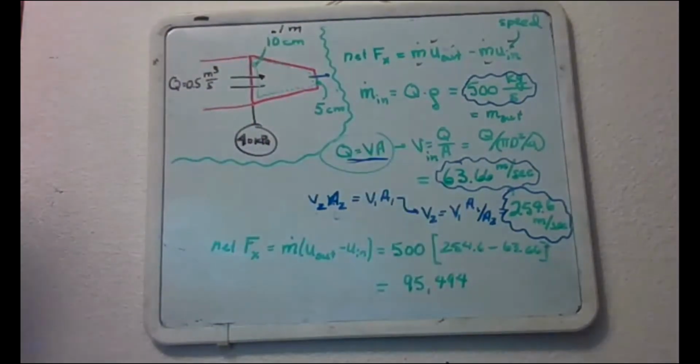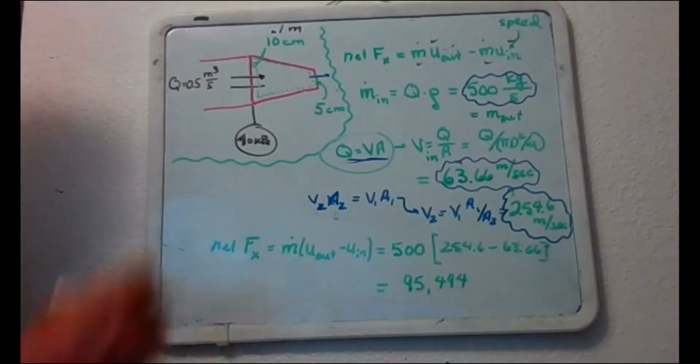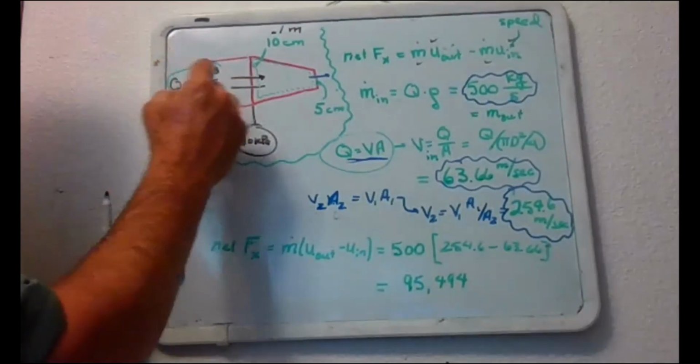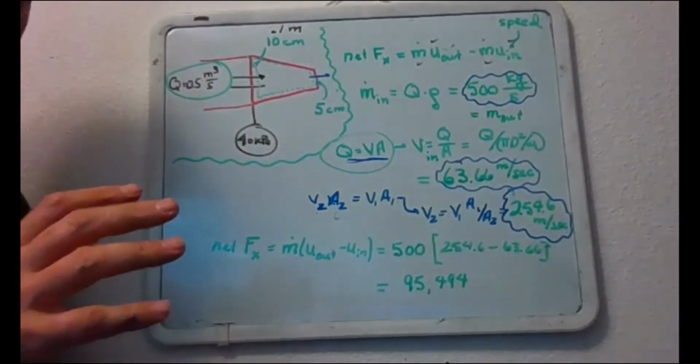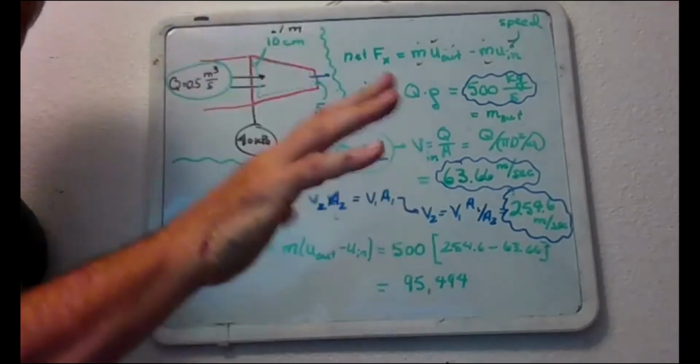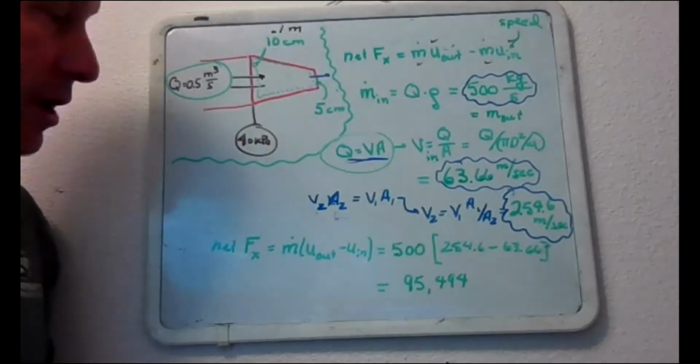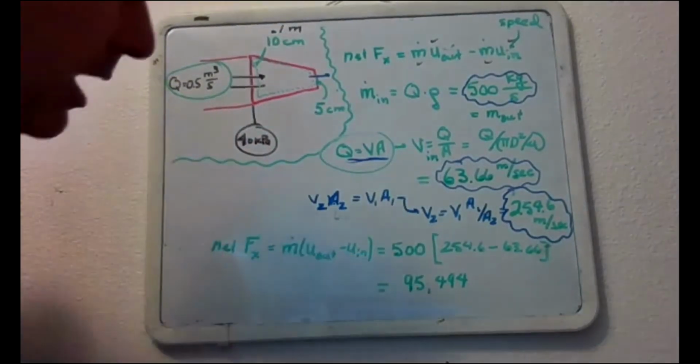Huge number, 95,494. But by the way, this is just a huge flow. It doesn't look like a big number, but half a cubic meter is a lot of water, and that's a lot of water per second.